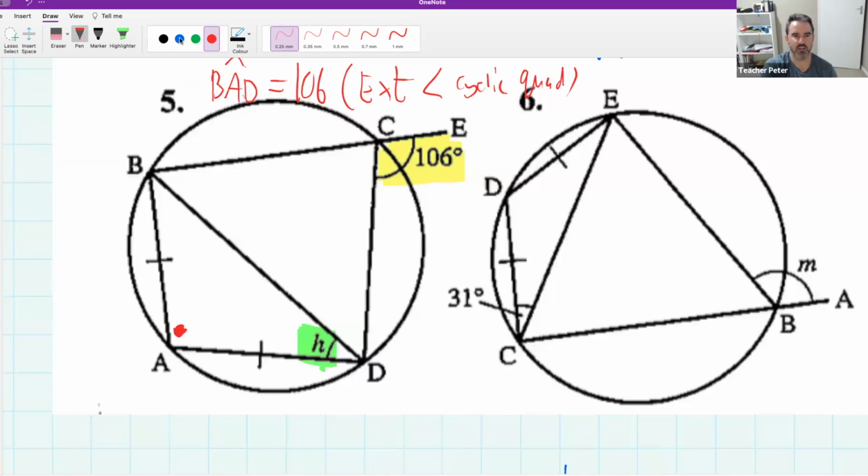So we know that this is 106, but we still haven't found h. So what do we have to do next? Or what other information could be helpful?